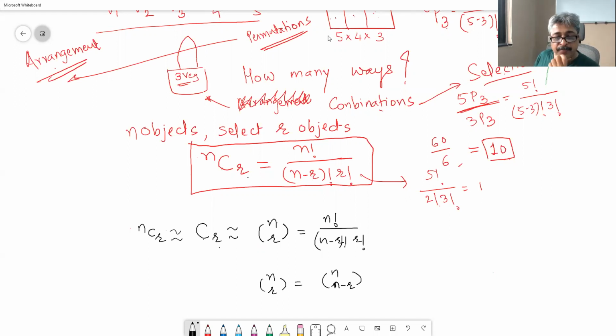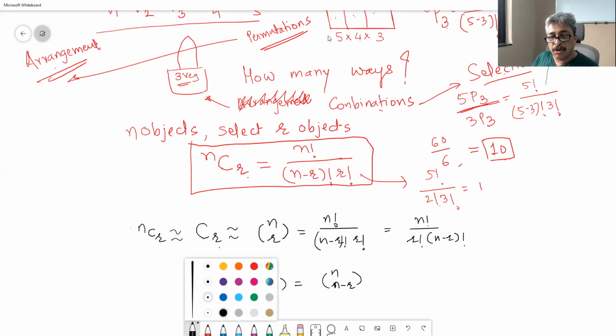Same, because in the denominator, if we write N factorial upon R factorial into N minus R factorial, then it is N choose N minus R. So they are one and the same. That is one property of choose notation.